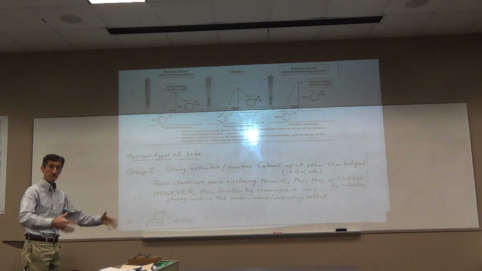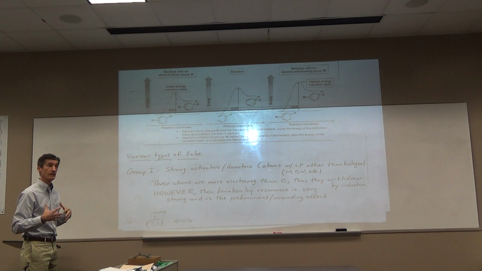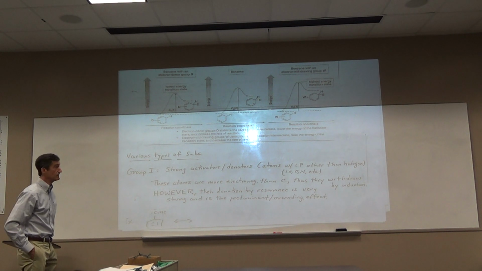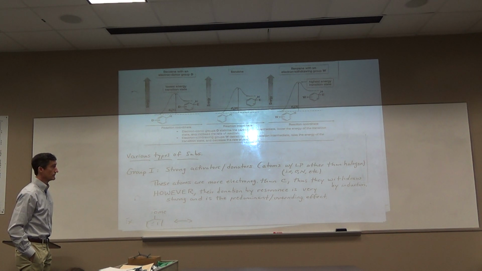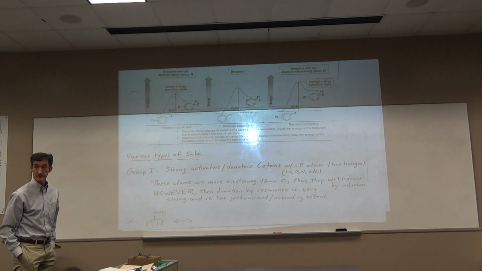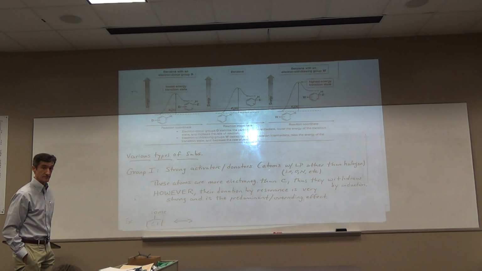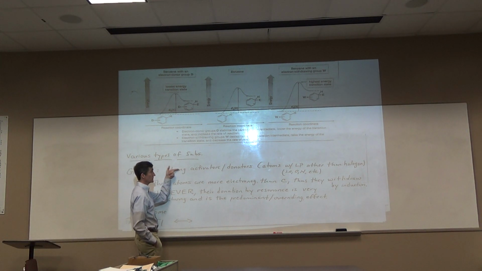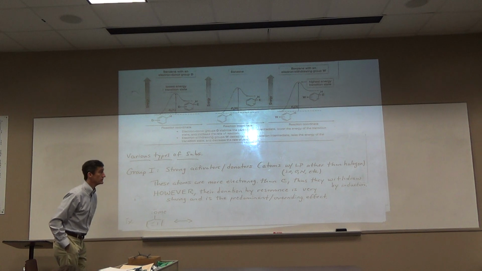So while the oxygen pulls by induction, its stronger effect is to donate by resonance. So what's the net effect? Donation. Okay? It's actually known to be a strong donator. Atoms with lone pairs other than halogen.